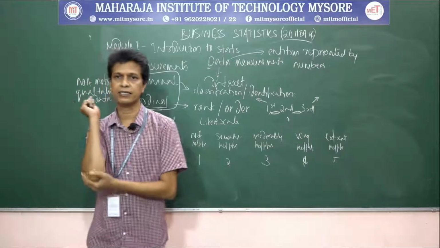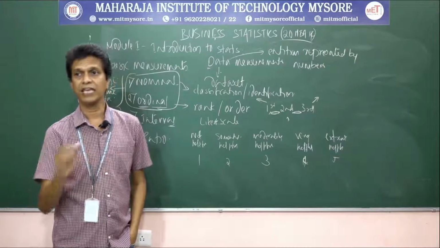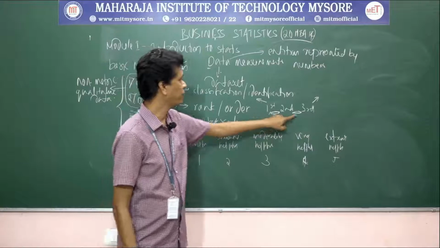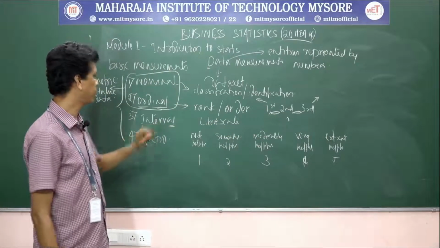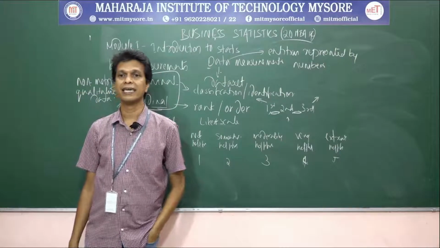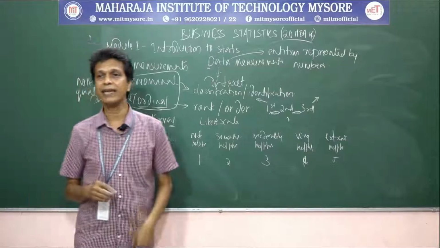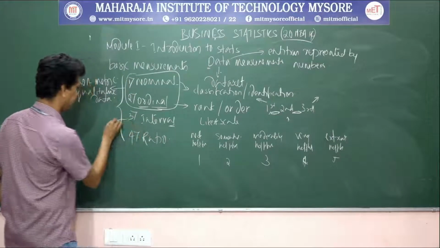What is that additional strength? They incorporate the concept of equality of interval. In ordinal we do not have equality of interval, and this characteristic is available in the interval scale. Interval data have equal intervals.